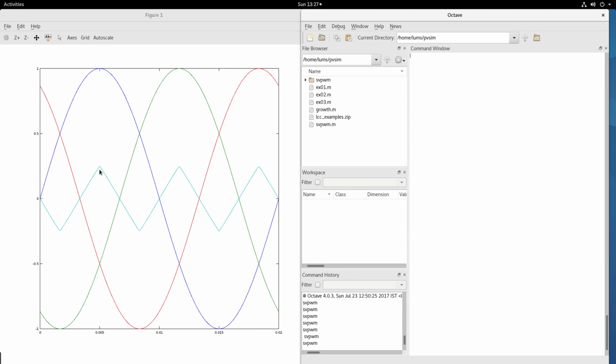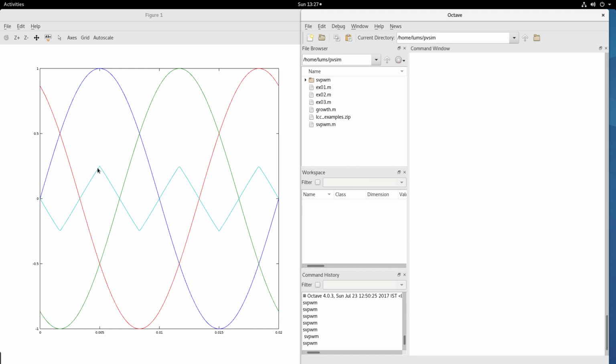See, the third harmonic will not contribute to a rotating space vector, because of the minus 2 pi by 3 and minus 4 pi by 3 displacements. Three times that becomes 2 pi, so there is no phase difference and no contribution to a rotating space vector.